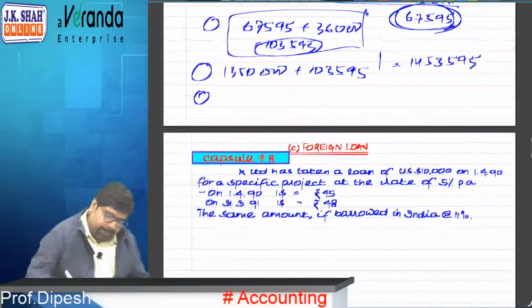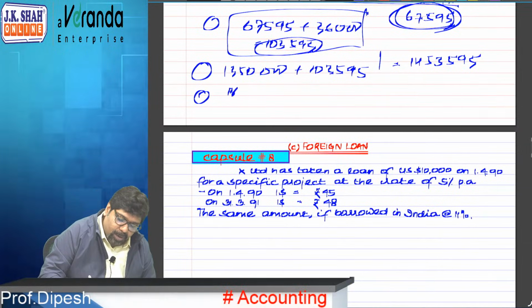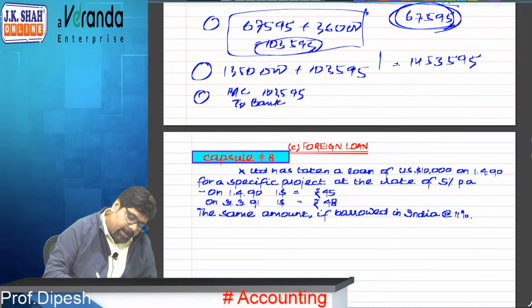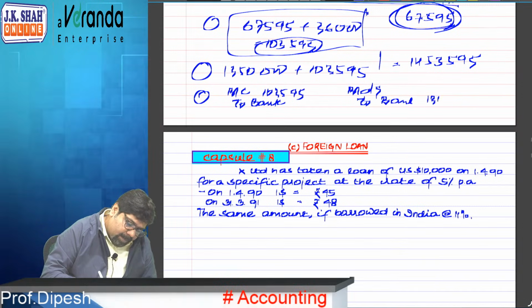Now Chartered, journal entries. If they ask you what you are constructing: building. So borrowing cost to bank 1,03,595. Then building account debit to bank 13 lakh 50 to borrowing cost 1,03,595, that is 14,53,595.